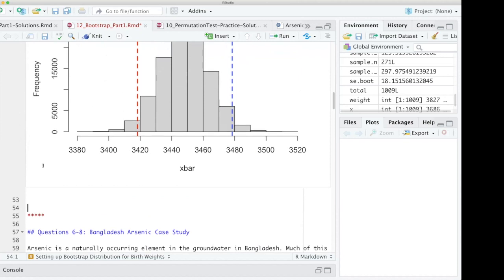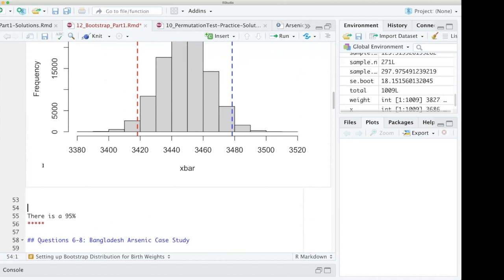If we want to make some sense of this, what do we do with this bootstrap confidence interval? It's giving me a range of plausible values for the unknown population parameter.